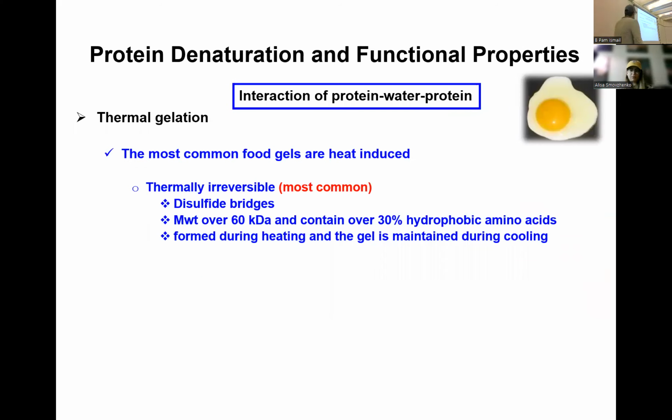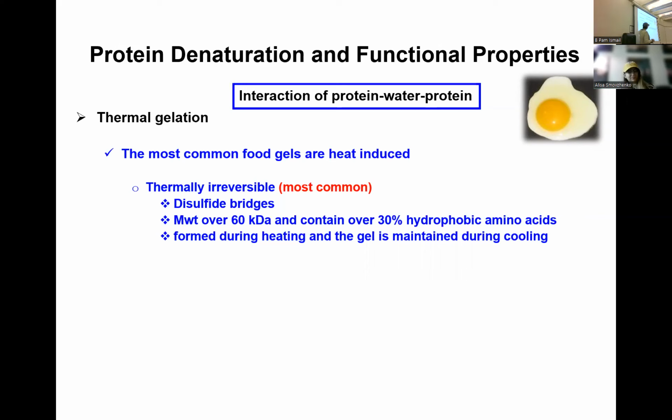You have thermally irreversible gels, and these are the most common gels. They are stabilized by disulfide linkages. Egg white is high in sulfhydryl groups, so you have an irreversible gel. You cannot resolubilize your egg white once it's formed.